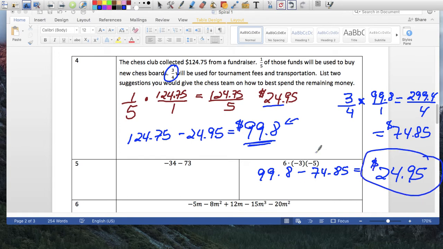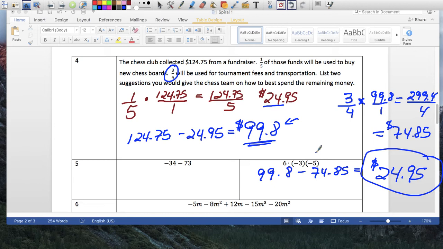It says list 2 suggestions you would give the chess team on how to best spend the remaining money. Maybe they can buy books or software, like a chess computer game, so they can practice. Let's say they can buy books on chess, on openings, on movements, on strategies.